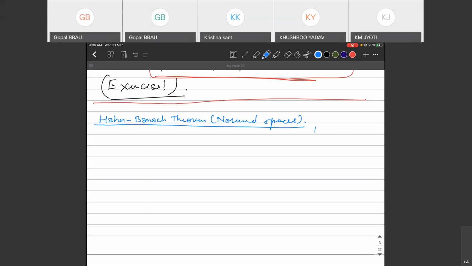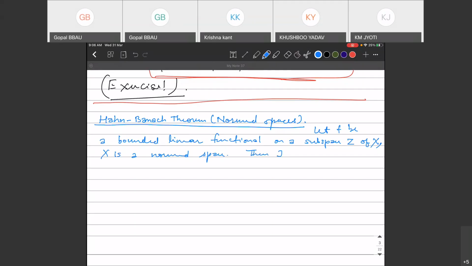Let f be a bounded linear functional on a subspace Z of X, where X is a normed space.